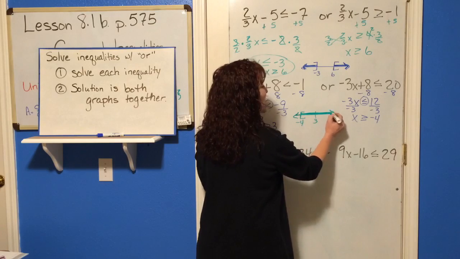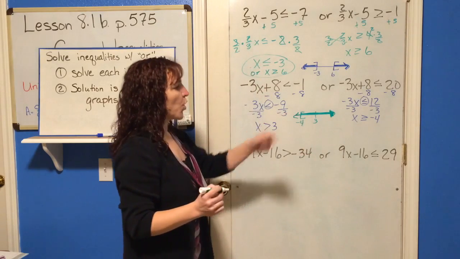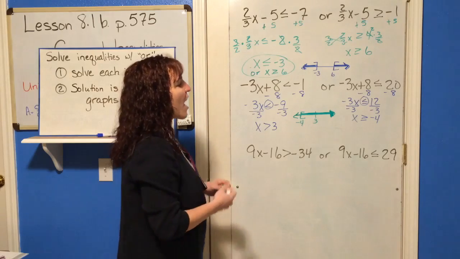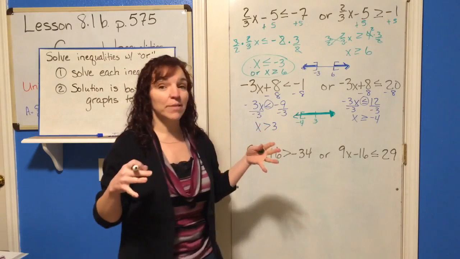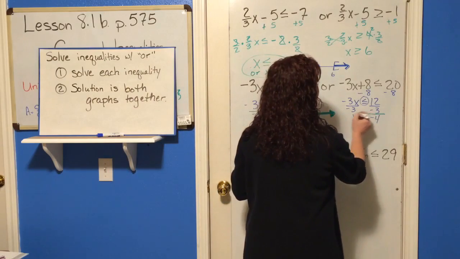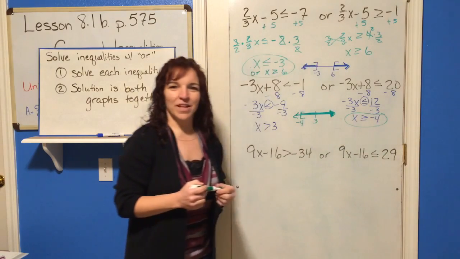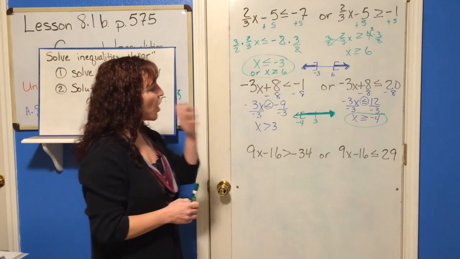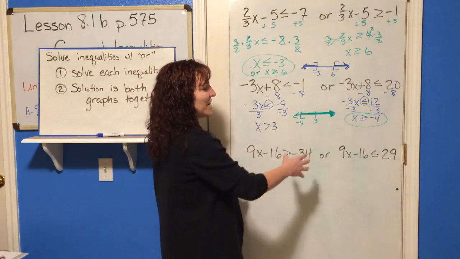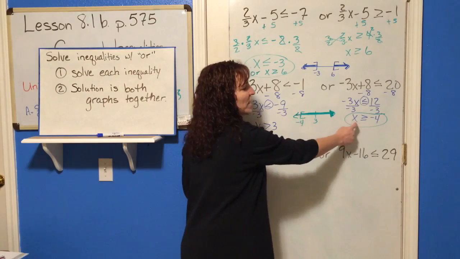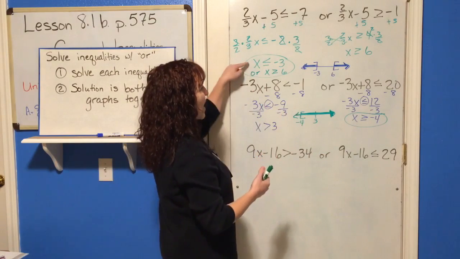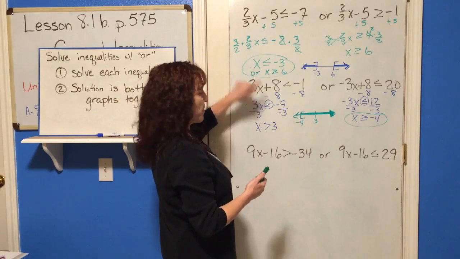So instead of saying it's greater than 3 or greater than or equal to negative 4, now because they're going the same direction, this is your answer because they overlap. All right? So if they overlap and go the same direction, then find out the one endpoint, and that is your solution. All right? If they go both directions, you've got to have both with the or in between.